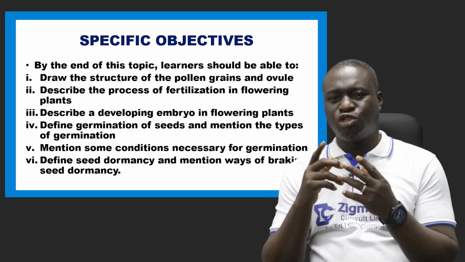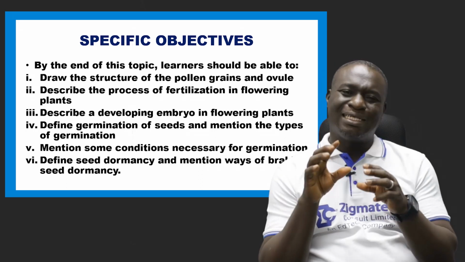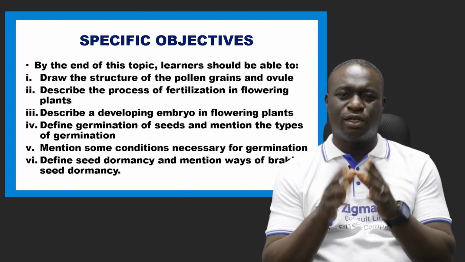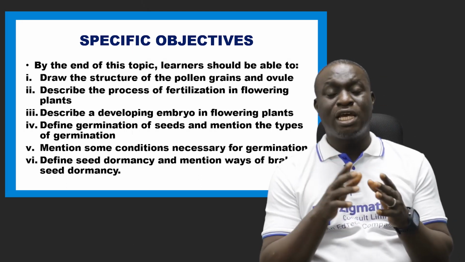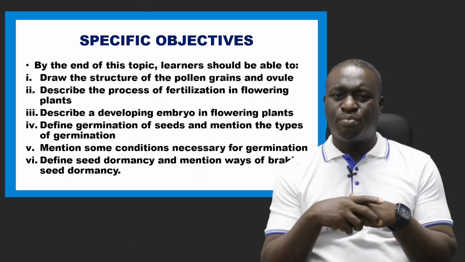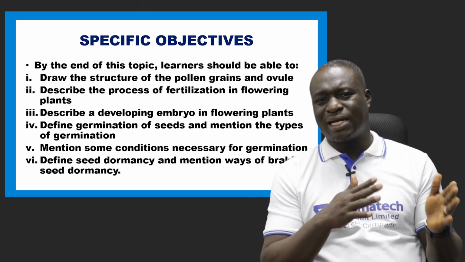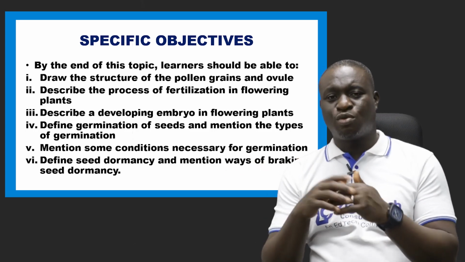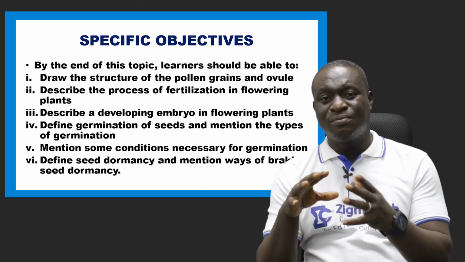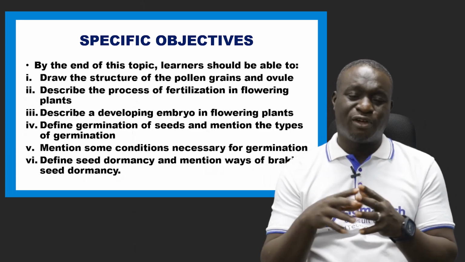The reason for the diagram is so that you can identify parts of the pollen grains as well as the ovules. Number two, you should be able to describe the process of fertilization. It is very important. Most questions you see scattered in WAEC and also in JAM ask about some of the hidden explanations in the process of fertilization in flowering plants.